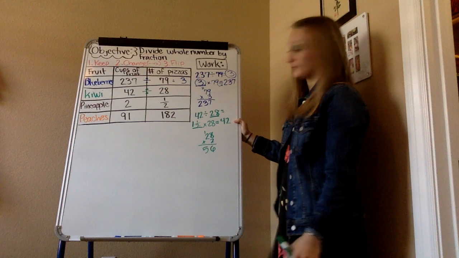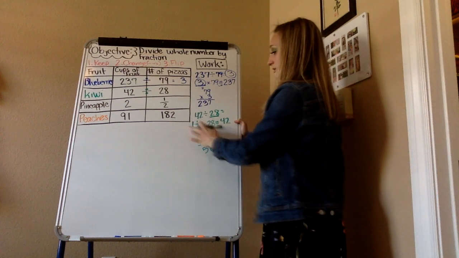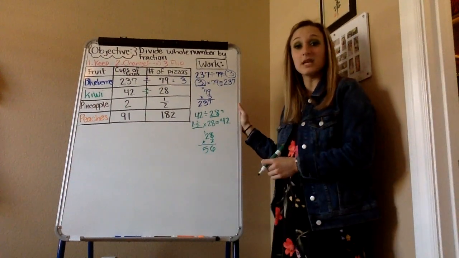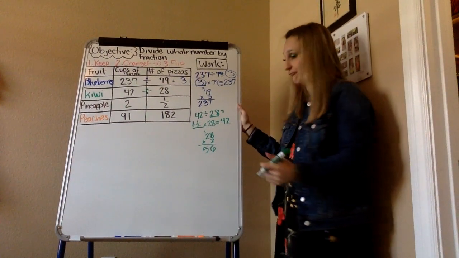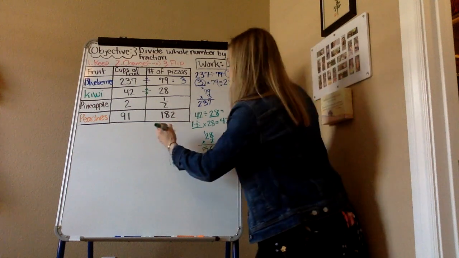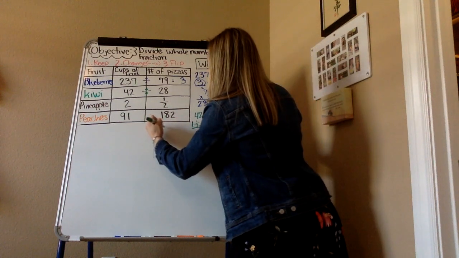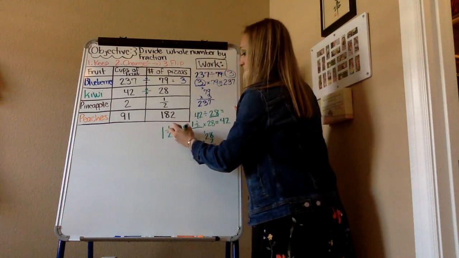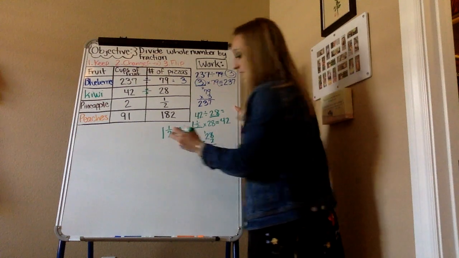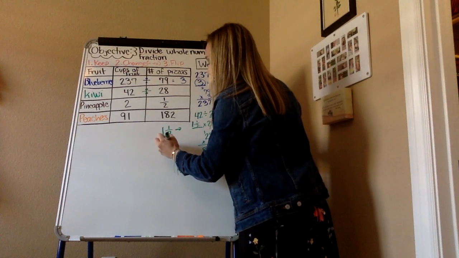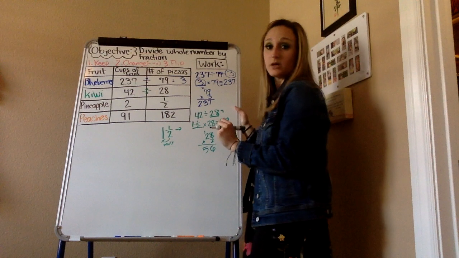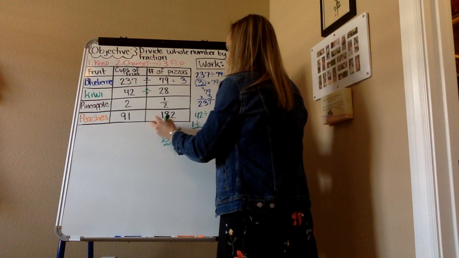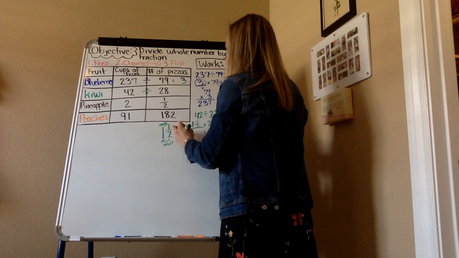So in order to do that, I'm going to need to turn 1 1/2 into an improper fraction. Now to do that, my process is I'm going to multiply 2 times 1, which is 2, and then I'm going to add 1.